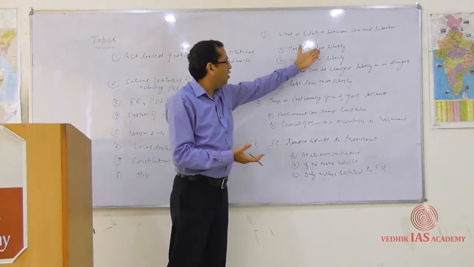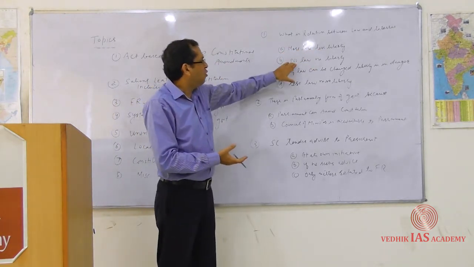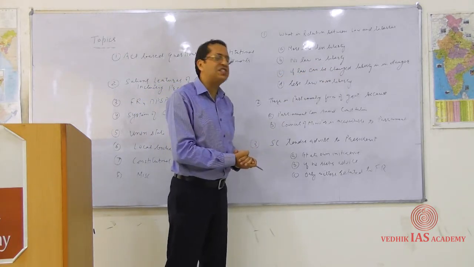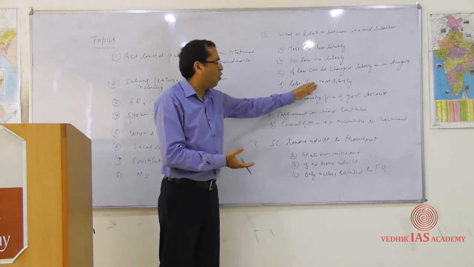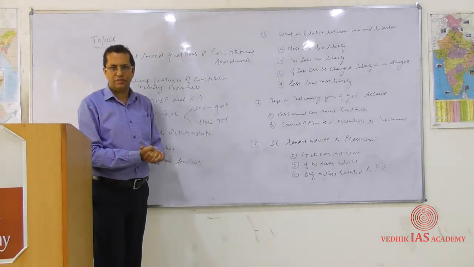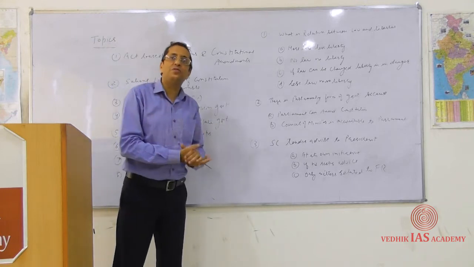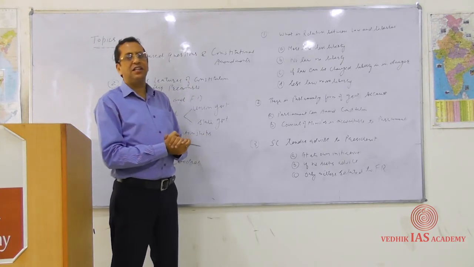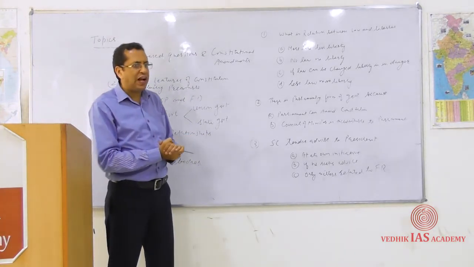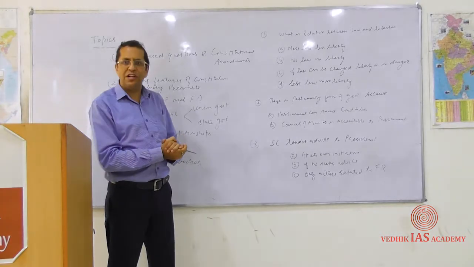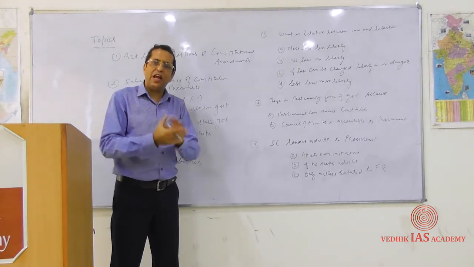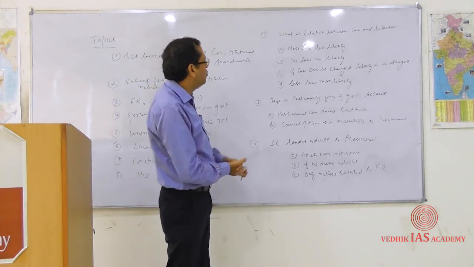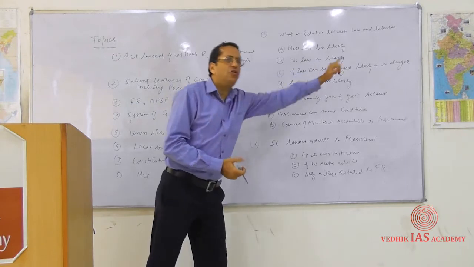Choices: more law, less liberty; no law, no liberty; if law can be changed, liberty is in danger; and less law, more liberty. It seems to be very confusing, but if you know the concept of what exactly liberty is, if you know that liberty is not absolute freedom, that liberty is restricted freedom, then it will become very easy for you to choose no law, no liberty.